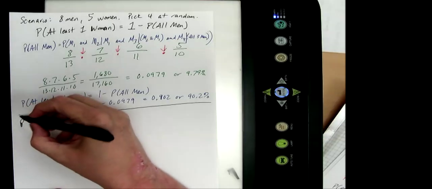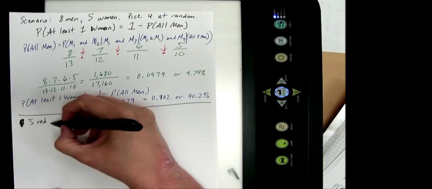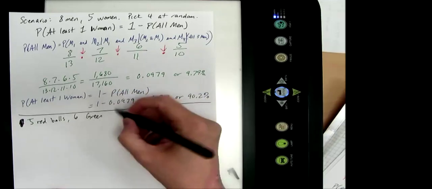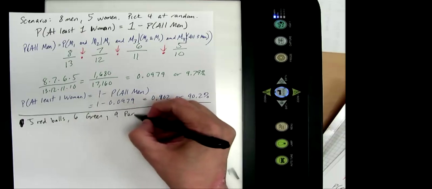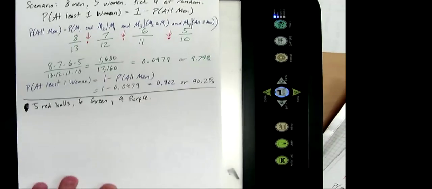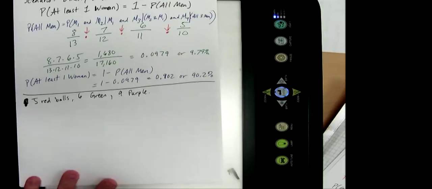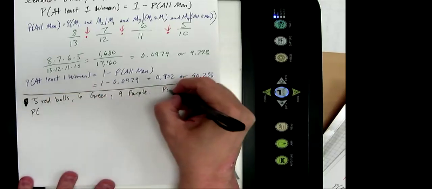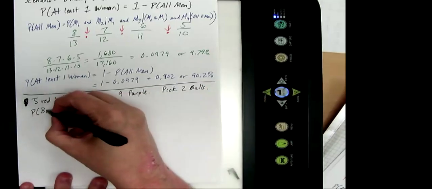So we're back to, we had 5 red balls, 6 green, and 9 purple. And they'll say probability, so you pick 2 balls. Probability that both are green.